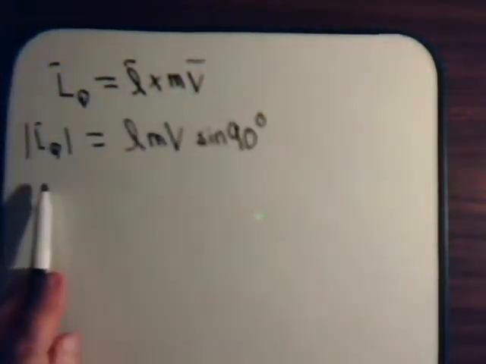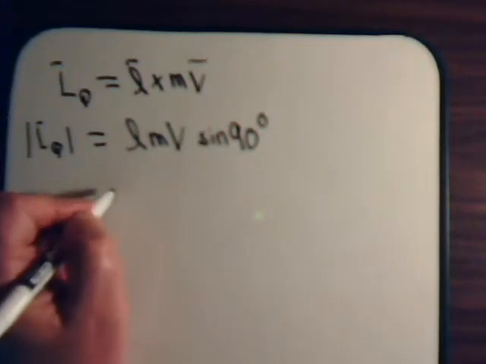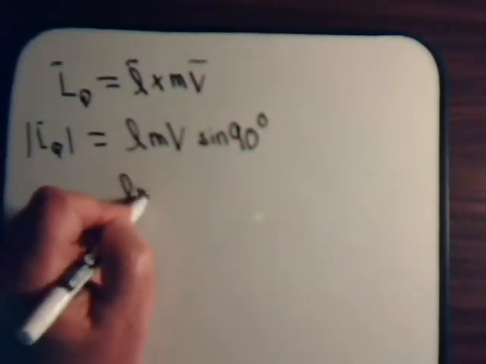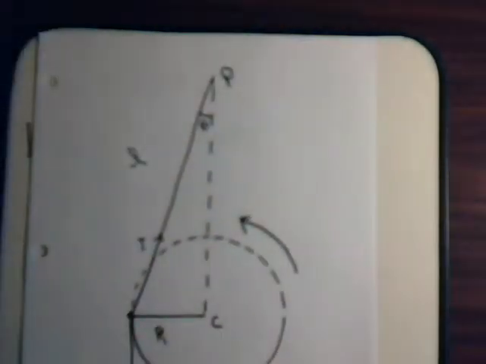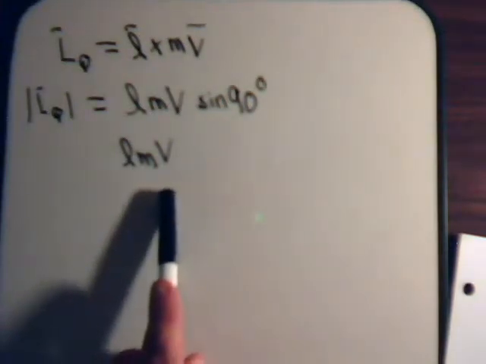So the magnitude of the angular momentum with respect to Q is just L m v. And of course, L is constant, the mass is constant, and we're taking the particle around the circle at a constant angular velocity, so of course v is constant.